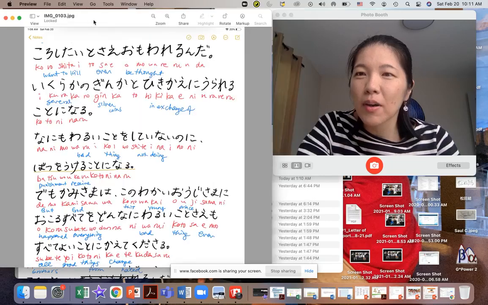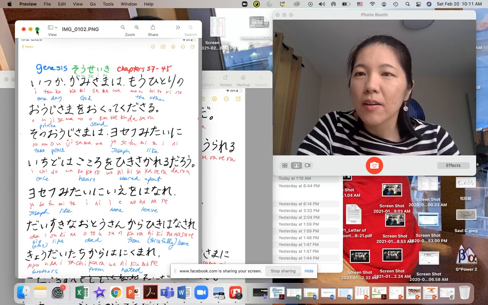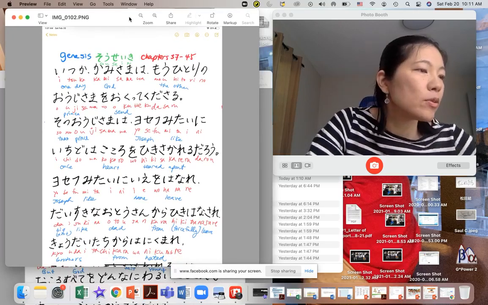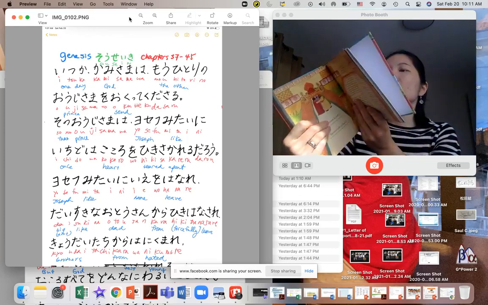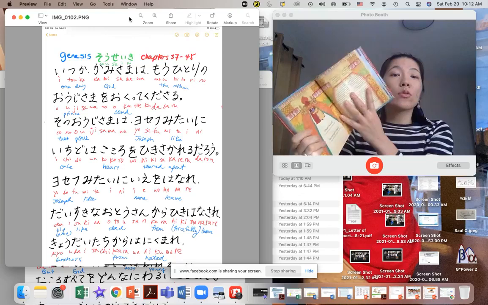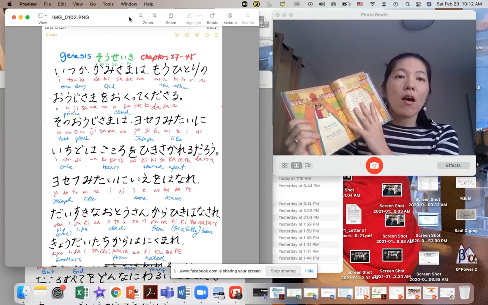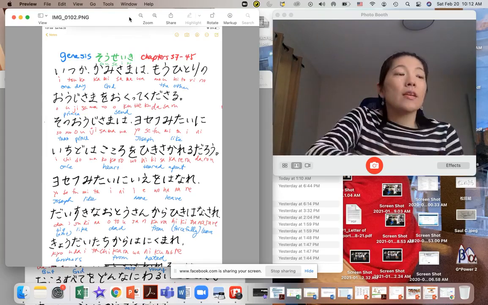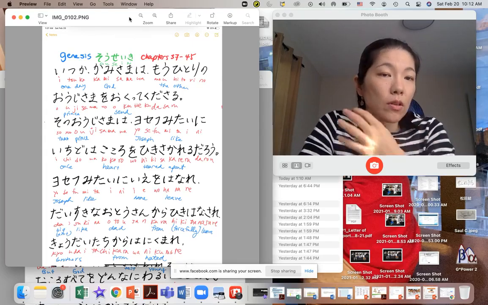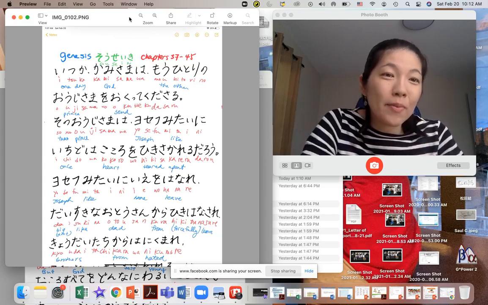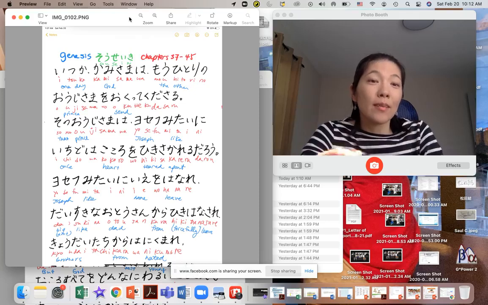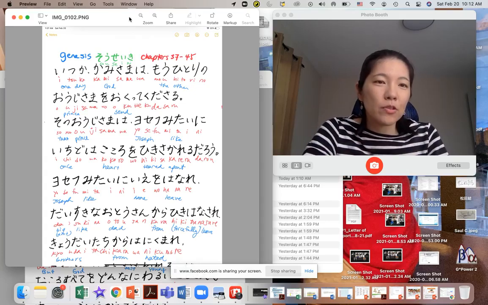Okay, so the next part is Bible time. We have been looking at the Jesus Storybook Bible, and I have that in Japanese. We'll be looking at the story of Joseph. Joseph had a family. He was hated because he was the favorite of the father. He was sold to other countries, but because God was with him and he continued to trust in God, he eventually became the second position of the country of Egypt.